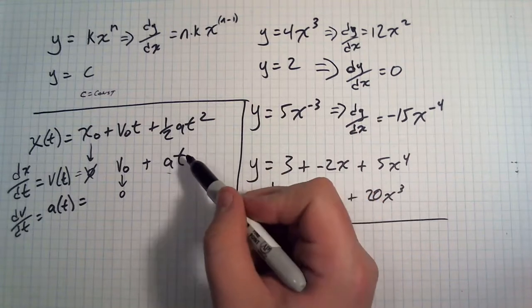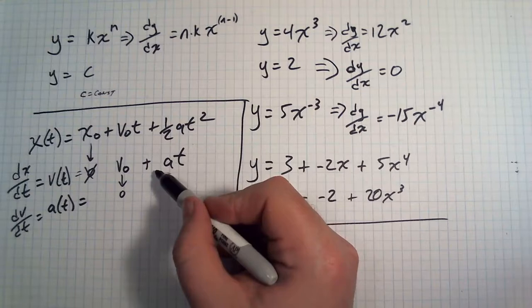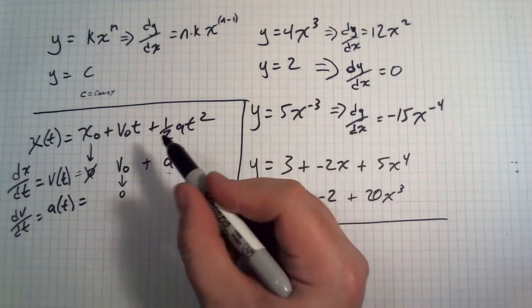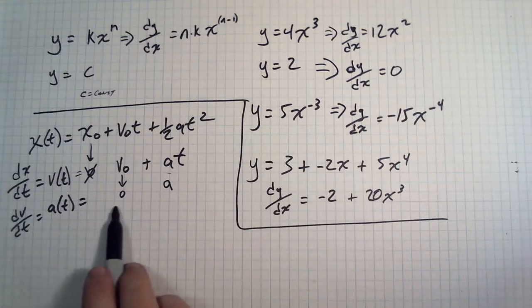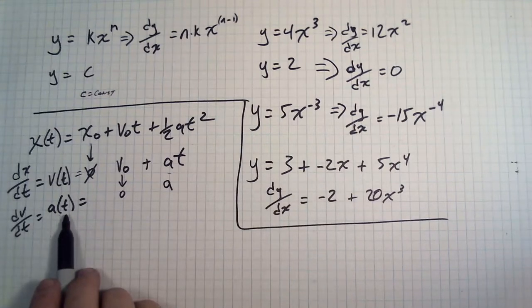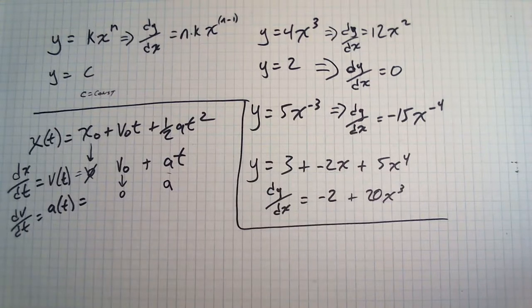Well, there's the 1 here. So take the 1 down here, and I'm going to have t to the 1 minus 1. So it's just a. Well, this is a fancy way of saying that a, as a function of t, is a constant, which is exactly what I've always been saying happens to the accelerations in the stuff that we deal with.